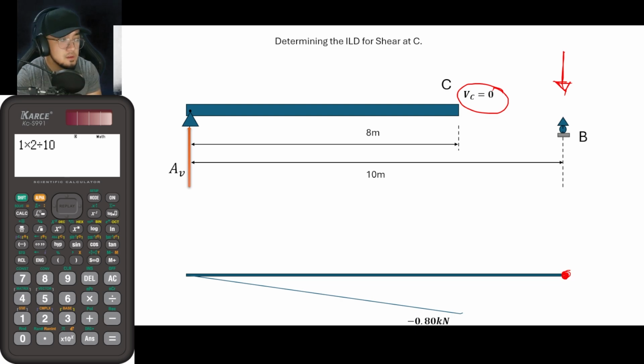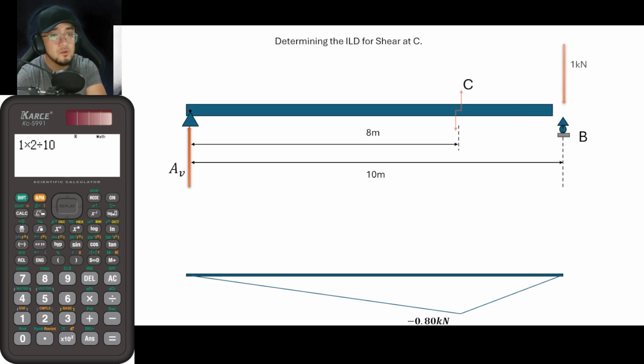Again, I want to reiterate that this is actually erroneous. If you would be doing it that way, this is now your ILD. And again, I want to disclaim that this is rather erroneous.